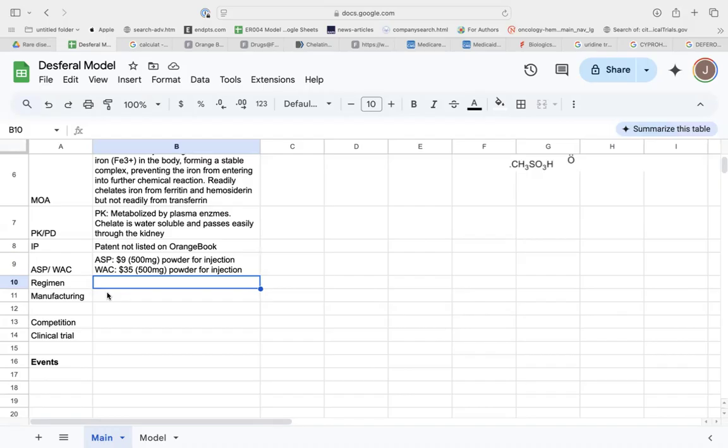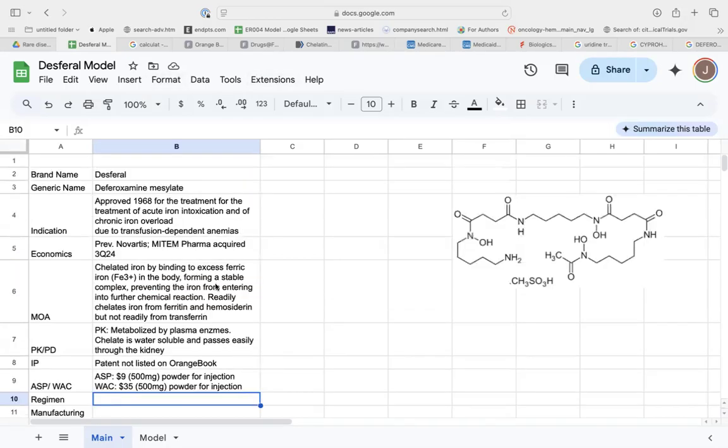Because generics have actually entered for this drug, this is a very low price. This is a generic price, even though it's a brand name drug here. But you know what? It's a good thing for society because the drug has been approved since 1968. You wouldn't want it to be some wildly high, unaffordable price.